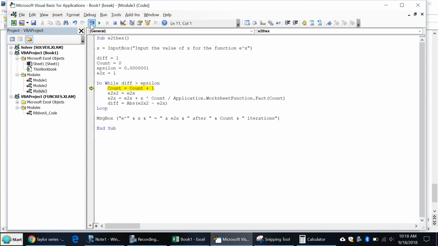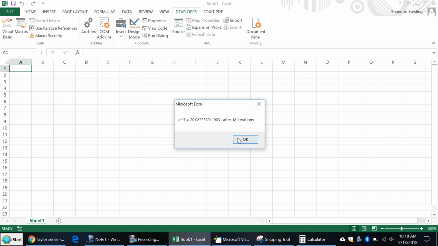So at this point, I'm already at 10 iterations, and diff is now down to 2 decimal places. Okay? And so this just keeps on doing this while diff is greater than epsilon. So now this diff is 2.5 times 10 to the negative 4th. I'm at 14 iterations. And it will do this until it's getting there. I'm at 17, so we know it's 18, so one more, and there you go. All right?